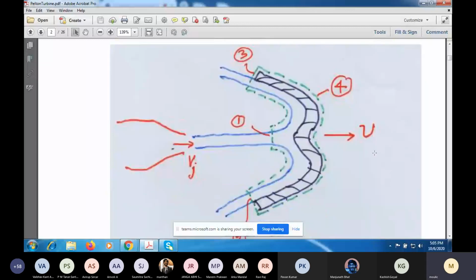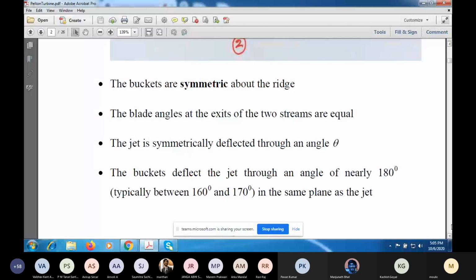Now we'll apply momentum balance to estimate the forces on this vane or blade or bucket. I want to emphasize that the buckets are usually symmetric about the ridge, and the blade angles of the two streams are equal.